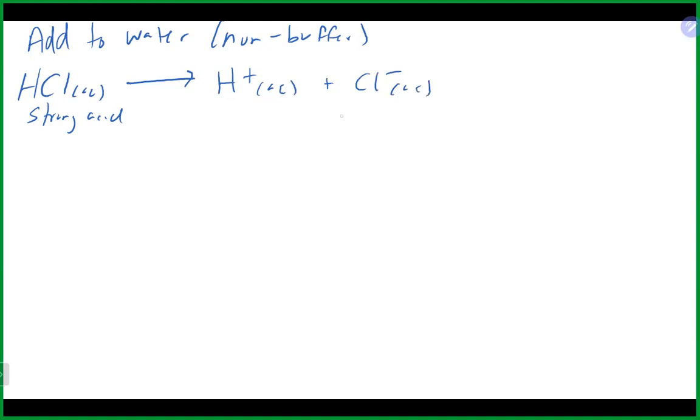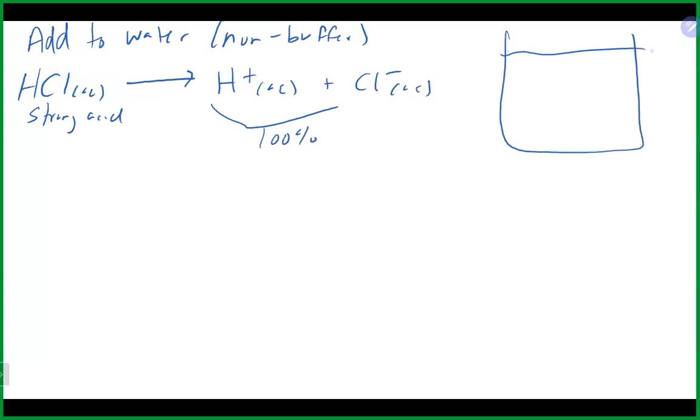So if we add HCl to water, we will get 100% these guys, which means if we look at our beaker and we added this HCl into this water, we would have now generated a bunch of H pluses and a bunch of Cl minuses.